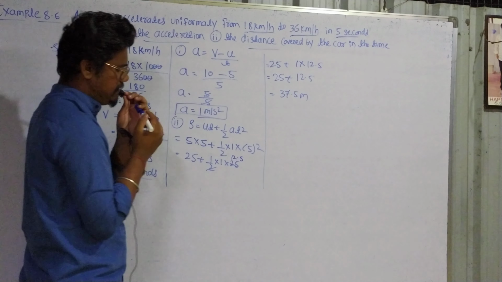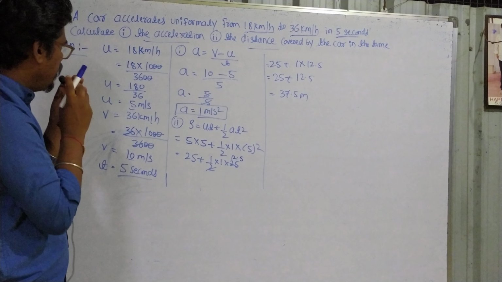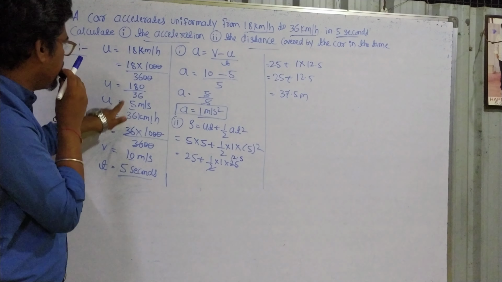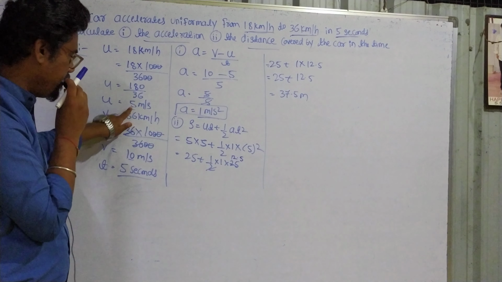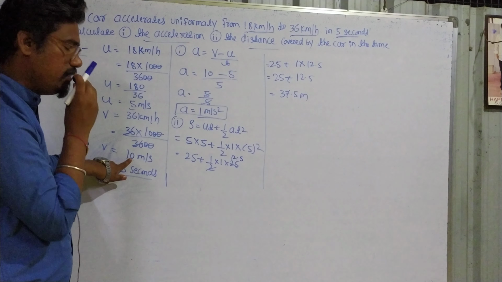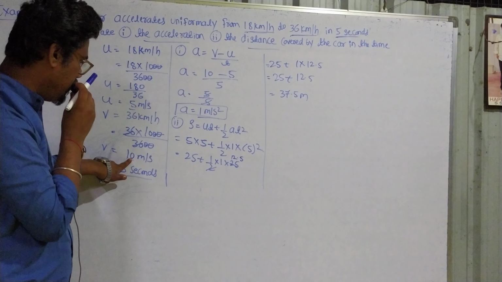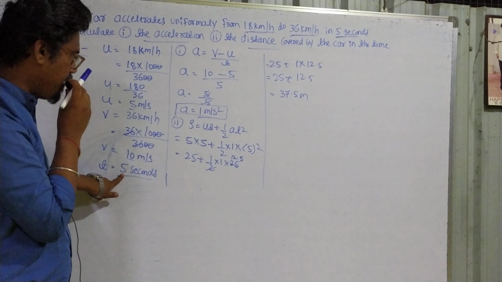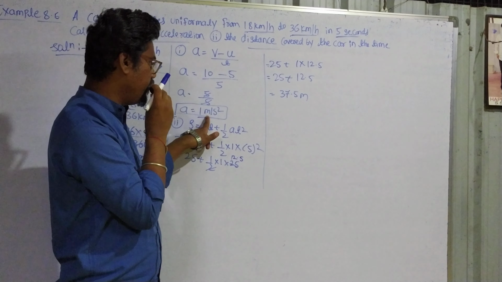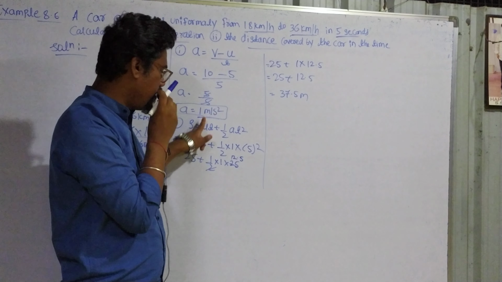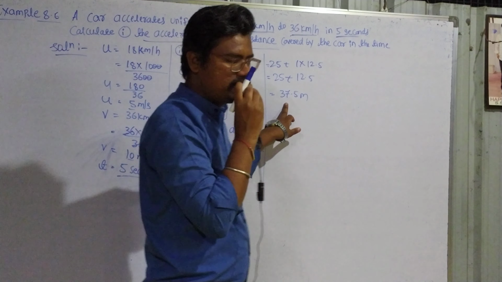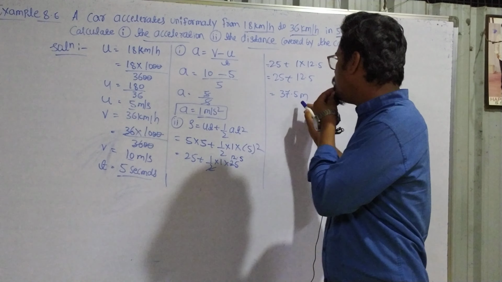This is the answer to our question. The initial velocity is 5 meter per second, the final velocity is 10 meter per second, the time is 5 seconds, the acceleration is 1 meter per second square, and the total distance is 37.5 meters.